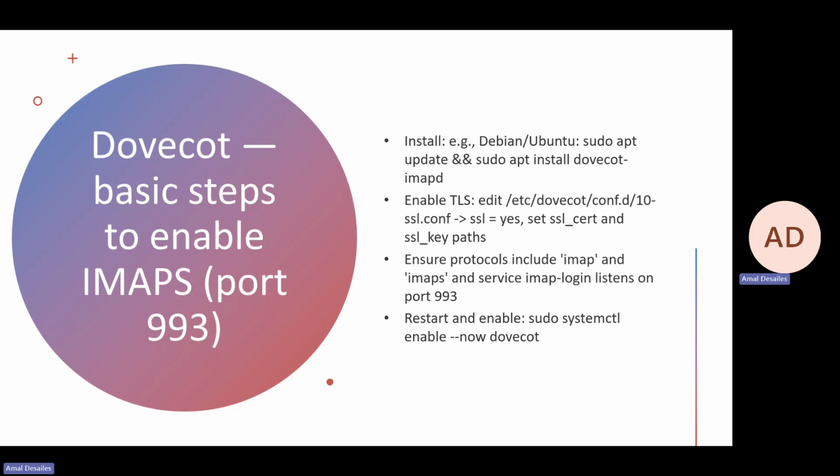Enable SSL in /etc/dovecot/conf.d/10-ssl.conf by setting ssl = yes and pointing to your certificate and key. Make sure IMAP and IMAPS are enabled as protocols and confirm the IMAP login service is bound to port 993. Finally, restart and enable Dovecot with systemctl. Once running, Nmap should show port 993 as open. That's exactly what we are looking for.